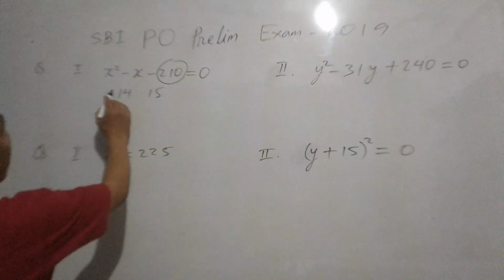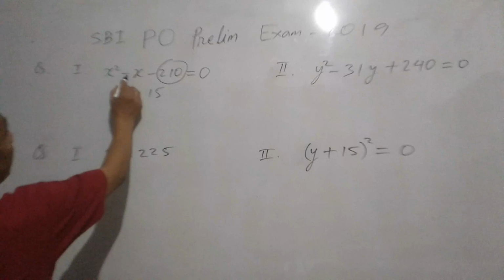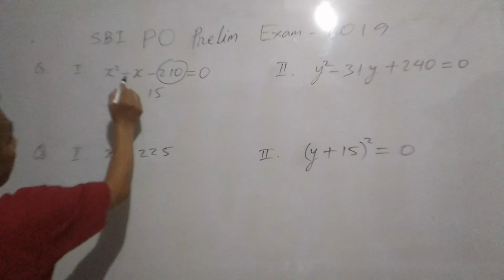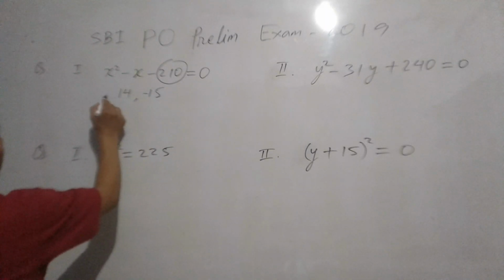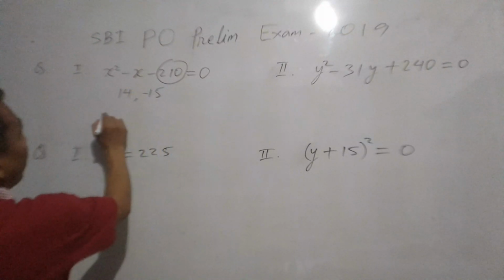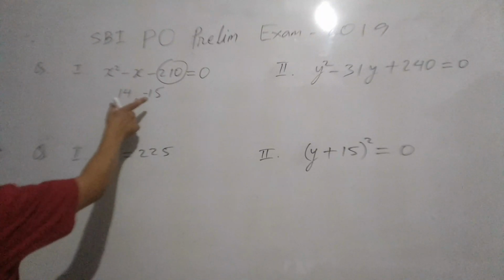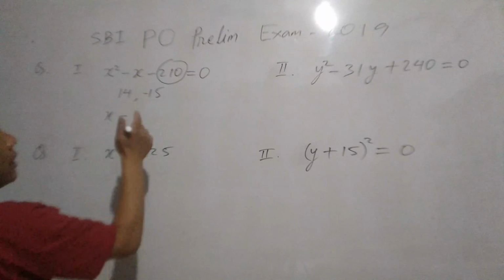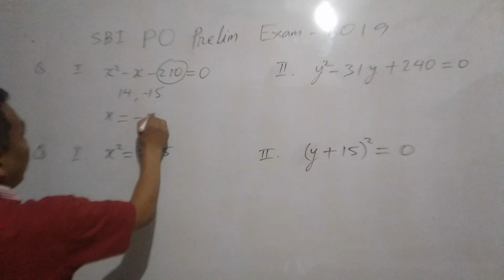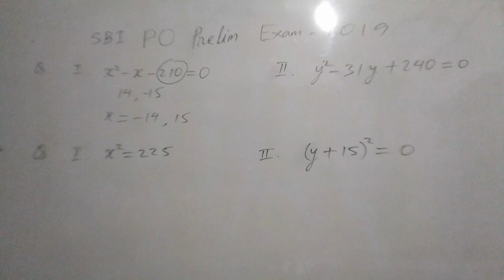Here, we want minus 1: minus 15 times minus 14, that is 210. When you take the value of x, use the same numbers, opposite in sign. Minus 14, minus 15. These two are the values of x.